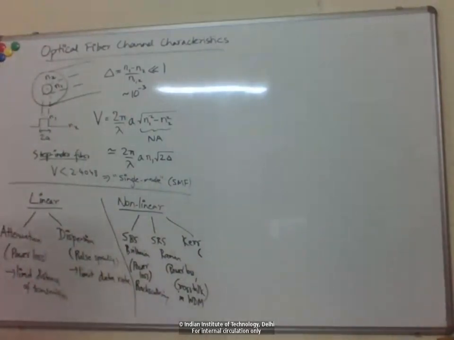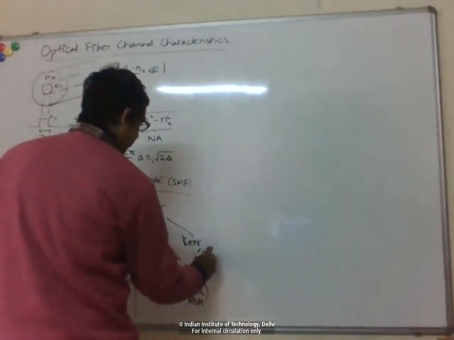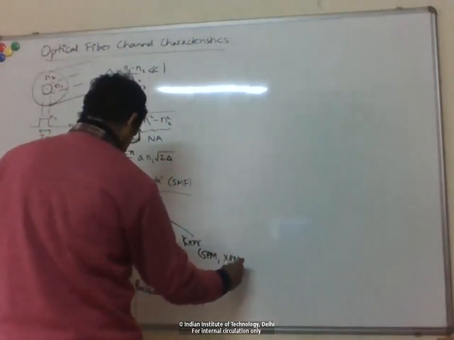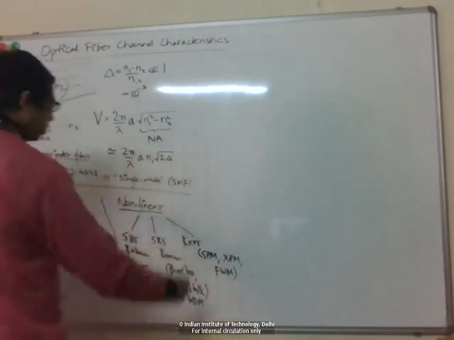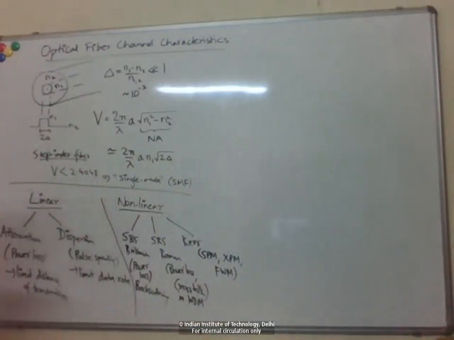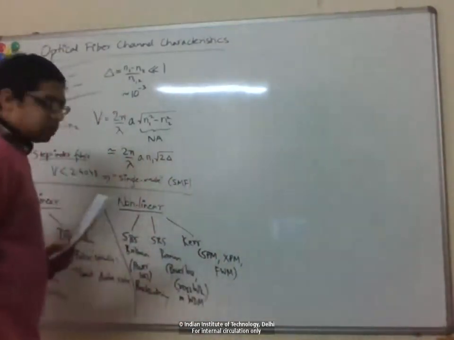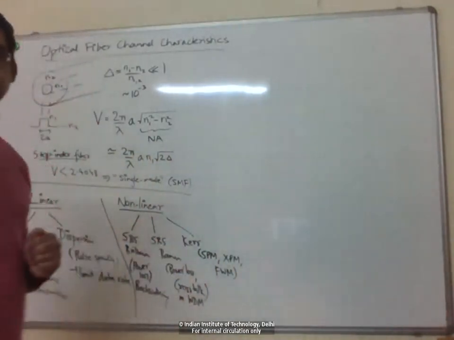Okay, and that leads to various effects like self phase modulation, cross phase modulation, and four-wave mixing. We'll discuss these in more detail, but again, they lead to distortion in your signals and crosstalk between different channels.